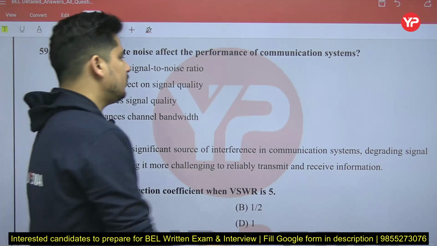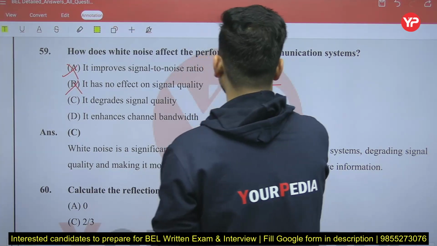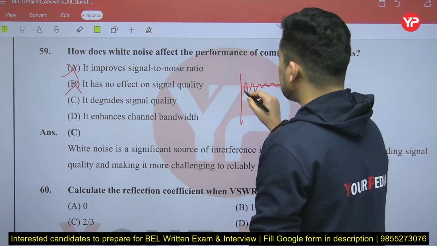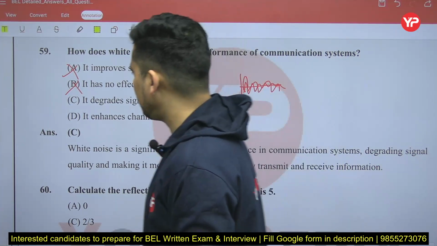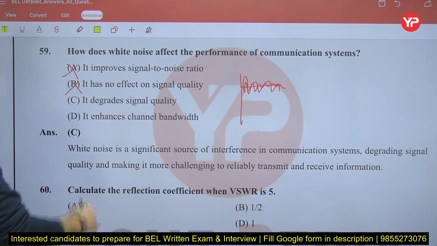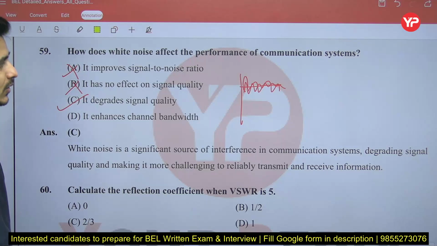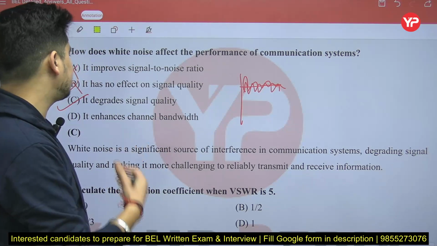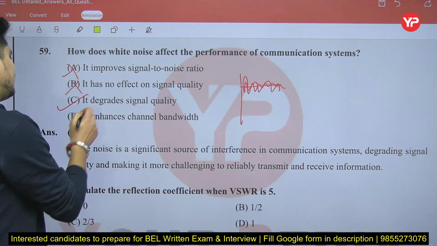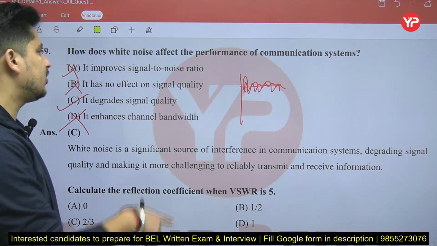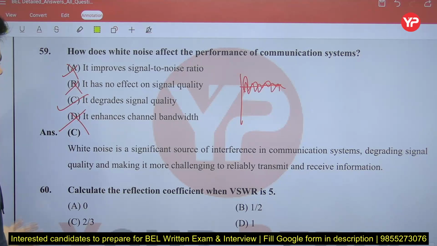See, basically when you have noise, let us take you are sending a 5-volt signal, noise will degrade its amplitude, it will change its amplitude in a random manner, so it will affect the signal quality, correct, it degrades the signal quality, that is the main thing, because it will introduce the noise inside the signal. It enhances channel bandwidth. The noise will not affect your channel bandwidth, it will only affect your signal quality, right? So what will be the answer? C.